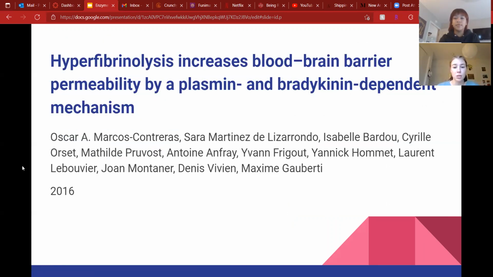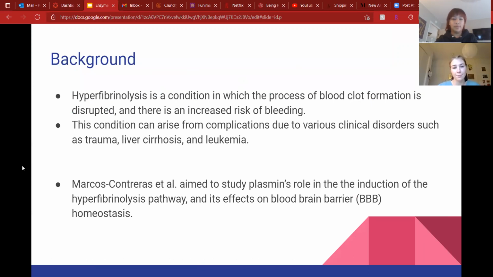The paper we chose to research was called Hyperfibrinolysis Increases Blood-Brain Barrier Permeability via Plasmin and Bradykinin-Dependent Mechanism, and it was published in 2016. Hyperfibrinolysis is a condition in which the process of blood clot formation is disrupted, and there's an increased risk of bleeding in individuals experiencing this condition.